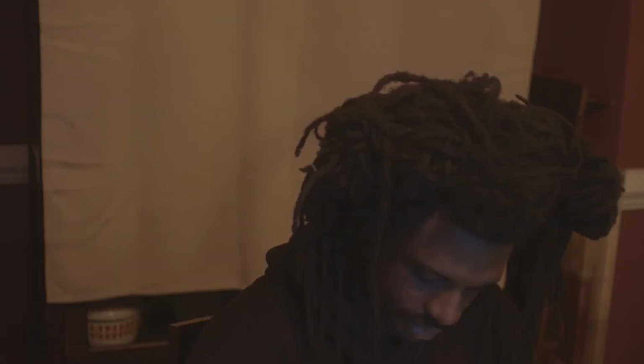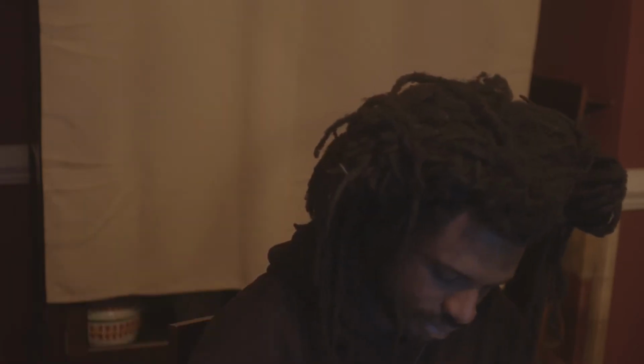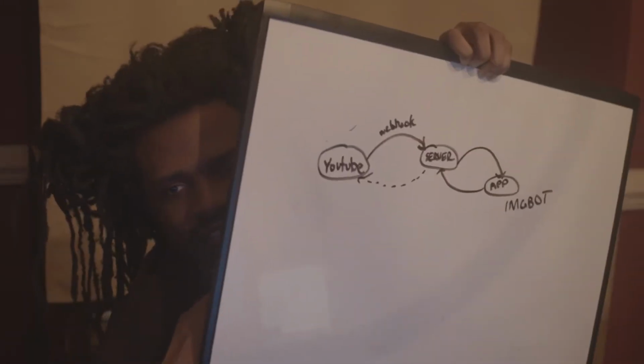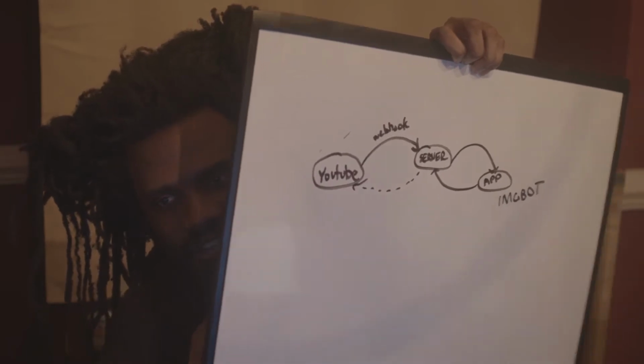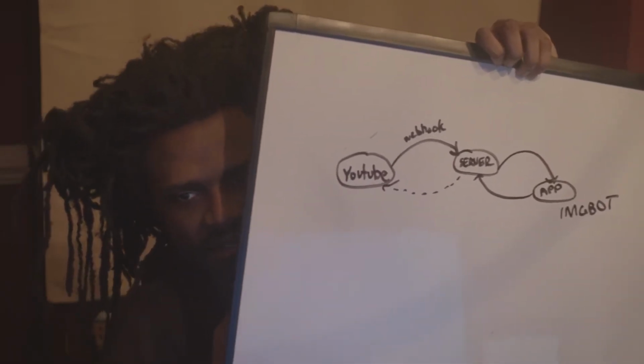So that is what we're going to do, and I'm going to first figure out how the flow of everything's going to go so we can work on the project in that order, at least know the bigger picture. So this is the rough version of the flow. We have YouTube.